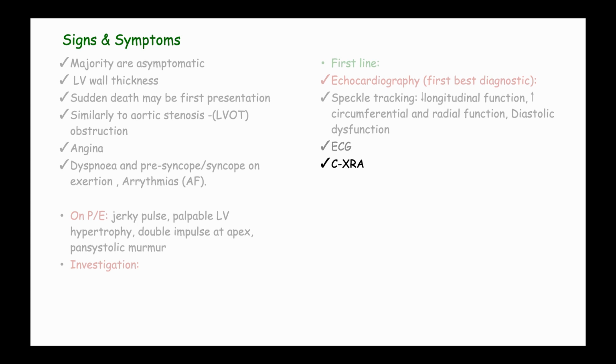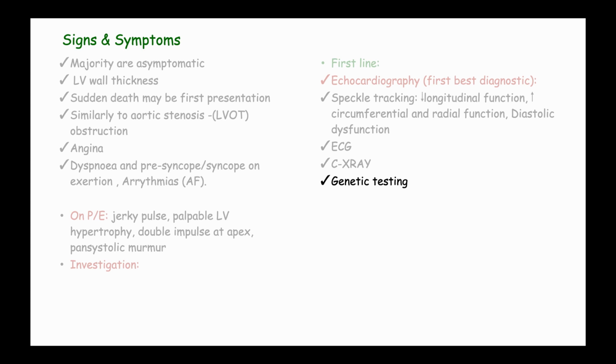Then on chest X-ray, as we explained before, we usually get signs of heart failure, which we saw in our previous tutorial as the A, B, C, D, and E.